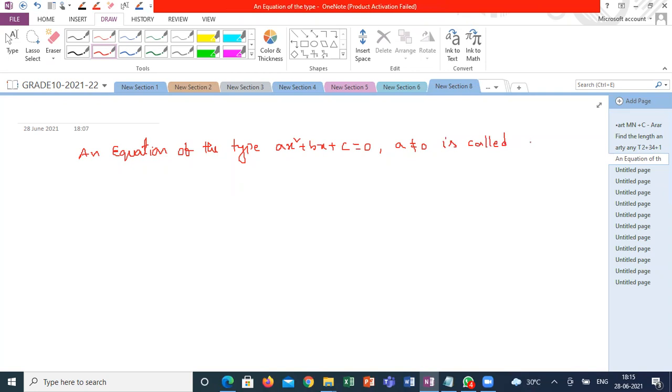is called a quadratic equation in the variable x. This is the definition of a quadratic equation of a single variable. This is the general form of the quadratic equation.